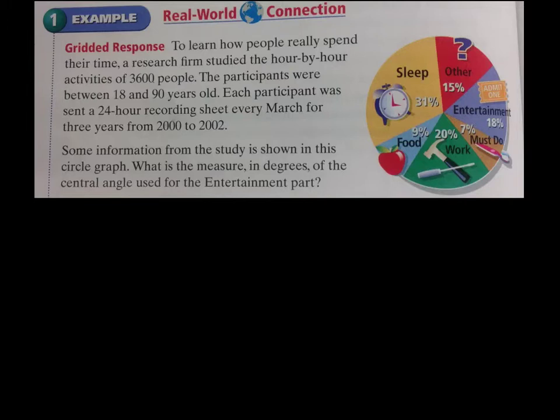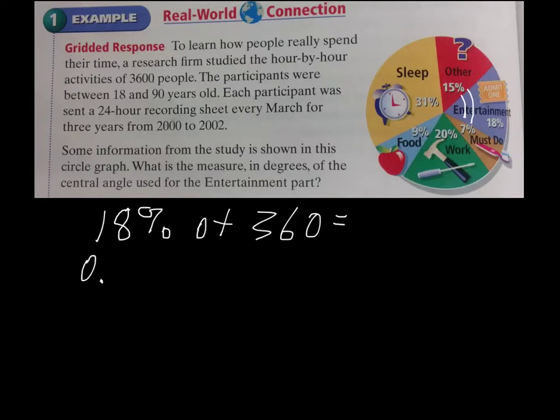Please pause the video while you try to figure this out. Get the measure of the central angle, which I will put 2 arcs on in white right up here. For the purple section for entertainment, you're going to take 18% of 360. Of course, there's 360 degrees in a full circle, and we want 18% of that. 18% is 0.18, and of means times, so you're multiplying 0.18 times 360.